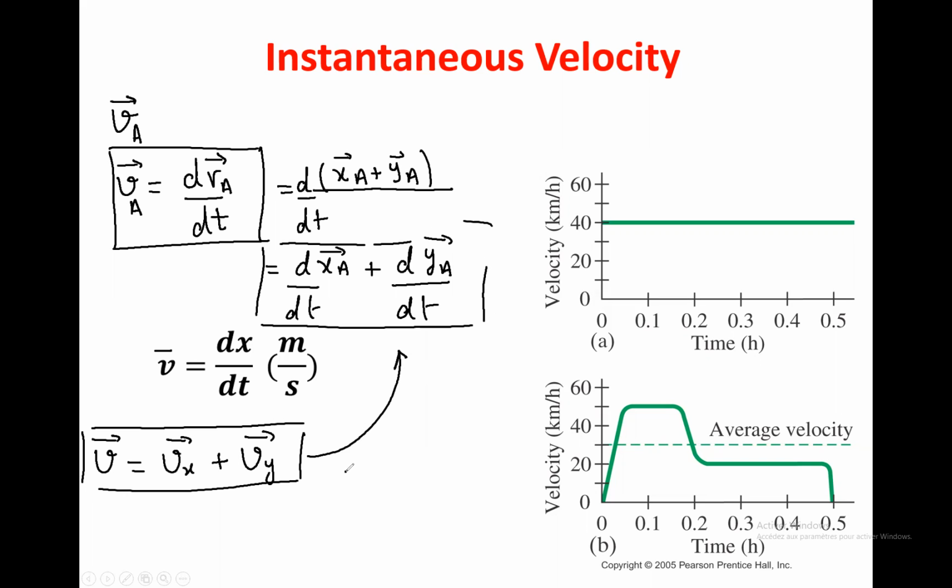So Vx equals dx, Vx of A. Vx in general equals Vx of A, equals dx over dt, and Vy at the point A equals dyA over delta t.